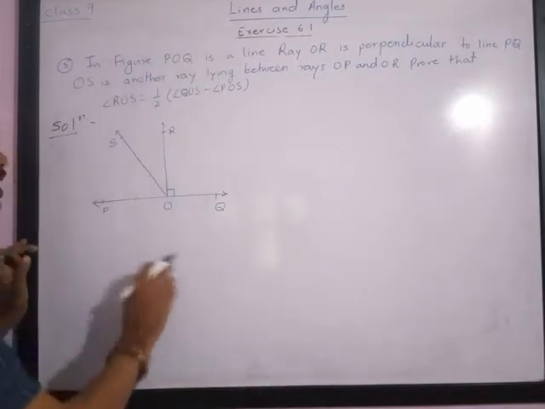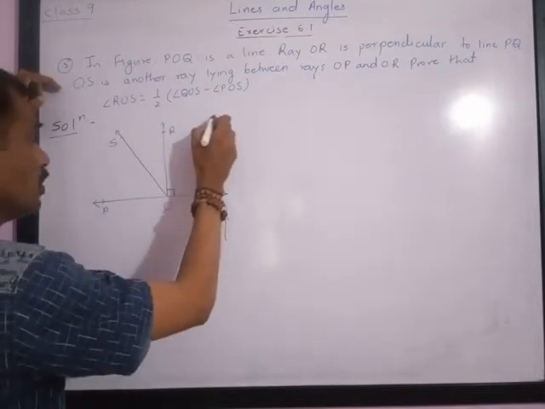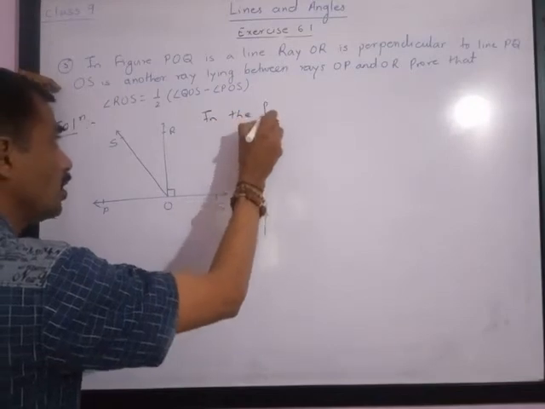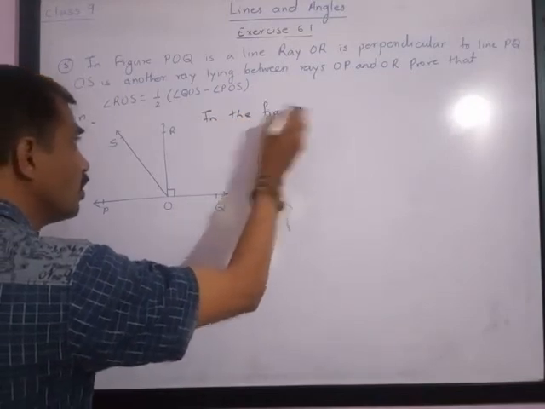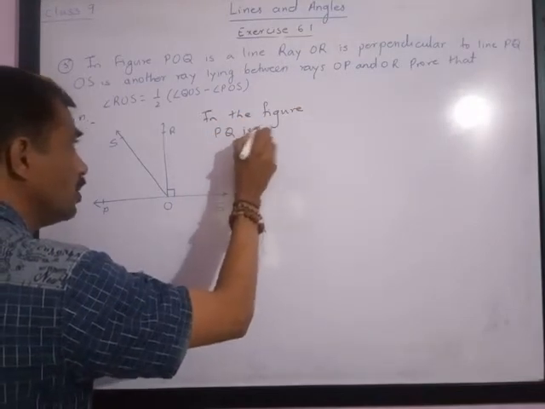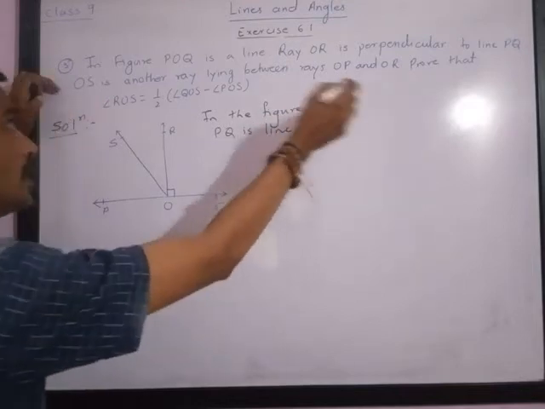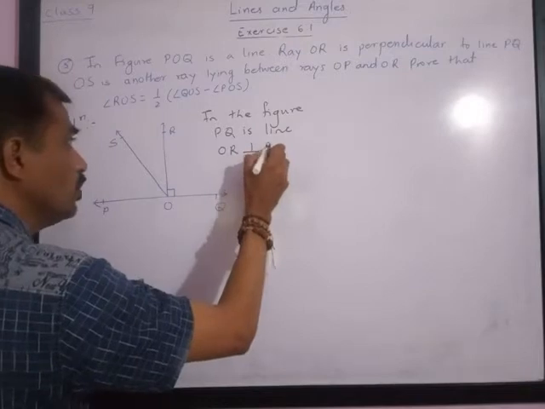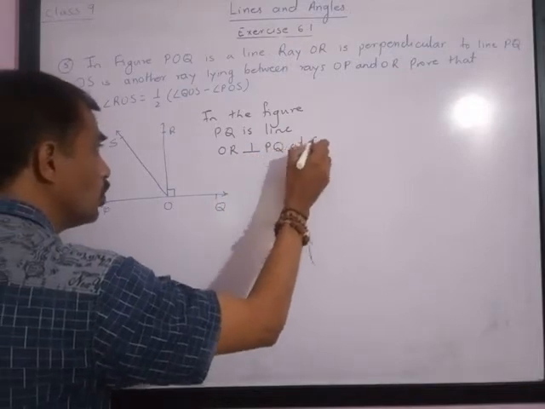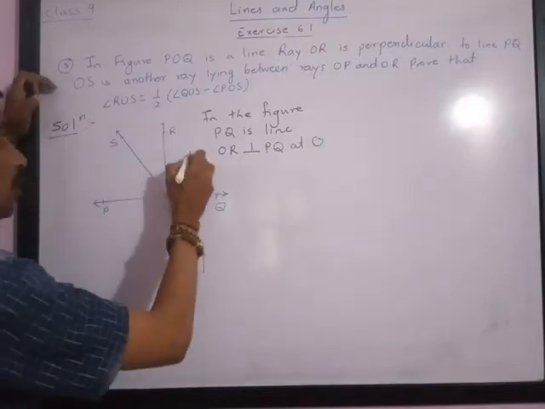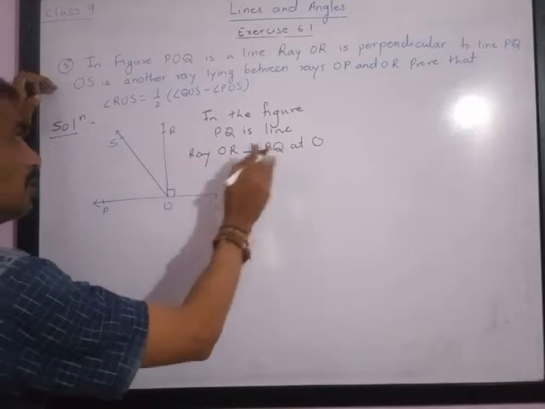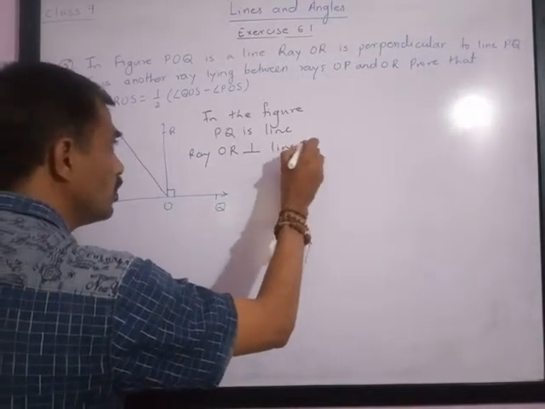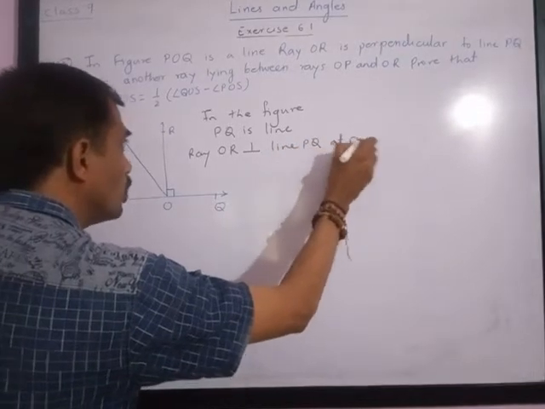First, write the given things. We are given that in the figure PQ is a line. Then OR is perpendicular to PQ at O. Ray OR is perpendicular to line PQ at O. This is given to us.